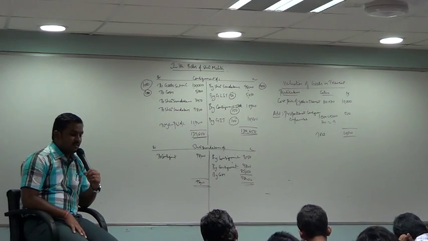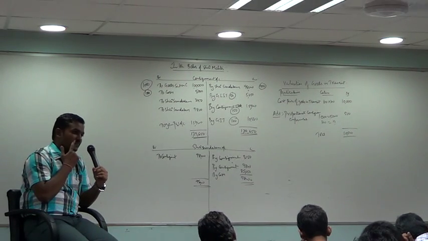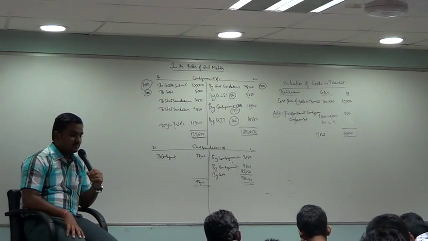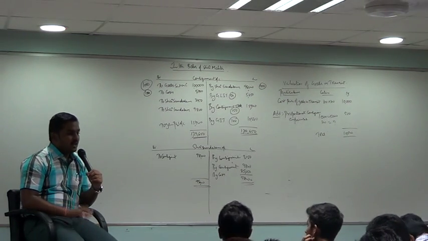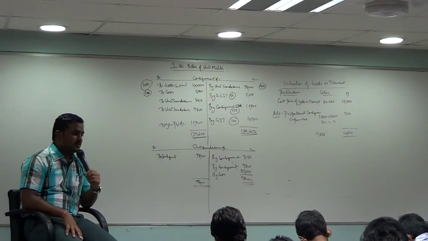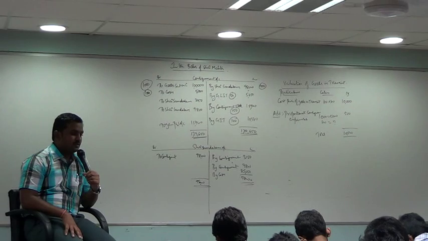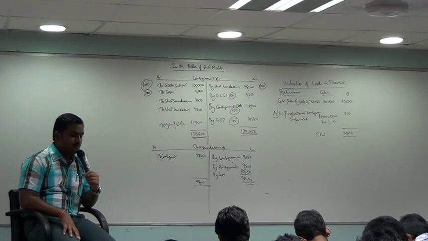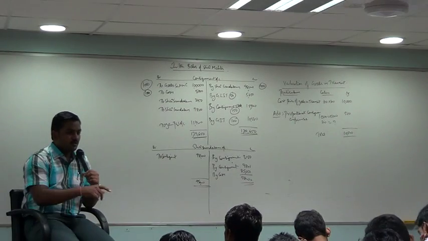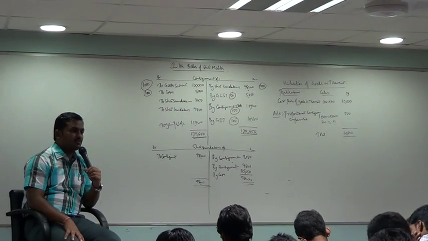When cash is collected. Cash account debit to debtors account. So this amount should go to the consignor, no?